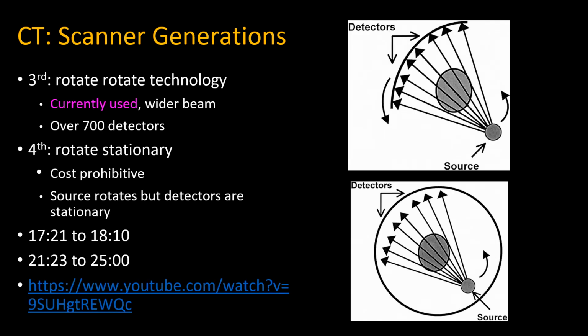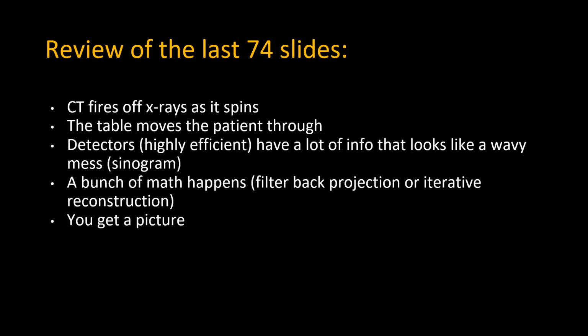Third generation scanners used rotate technology, which we currently use, and had a wider beam with over 700 detectors. Fourth generation are used for research. They're cost prohibitive to use in clinical settings, but the source rotates while the detectors stay stationary. And this YouTube video at these different time points explains a little bit more about generation scanners if you're interested.